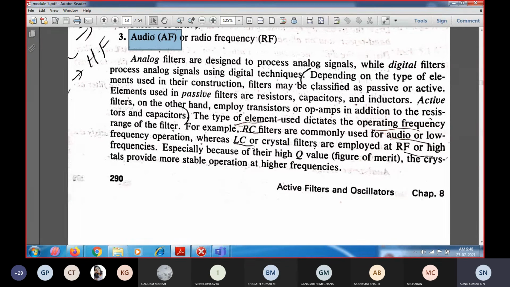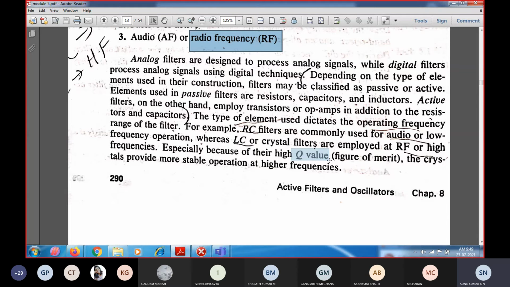Whereas if I operate by using the feedback elements, the L and C components, or if I use crystals, then that is a crystal frequency, which is a radio frequency range of operation. That has a high Q value.